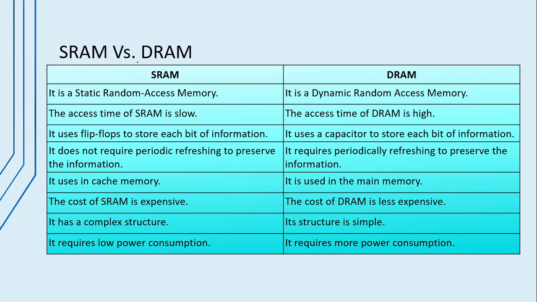First, SRAM, that is static random access memory, and DRAM, that is dynamic random access memory. The access time of SRAM is fast, whereas dynamic RAM has a high access time. SRAM is implemented using flip-flops to store each bit of information, whereas DRAM uses capacitors. SRAM does not require periodic refreshing to preserve the information, but in dynamic RAM, capacitors are used, which is why periodic refreshing is required.